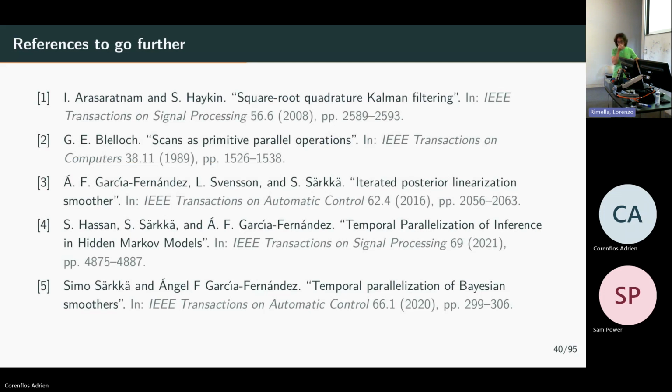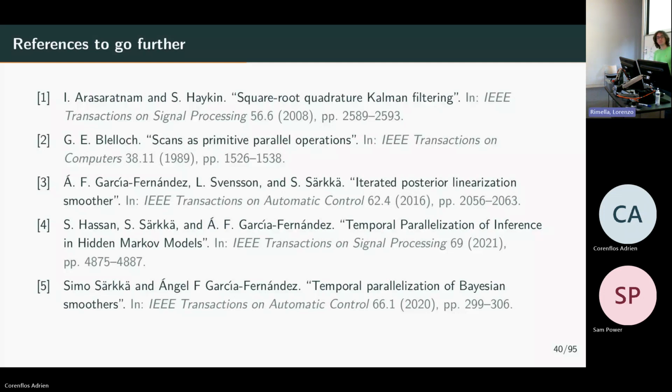The fourth one is about the parallelization of HMMs, so the finite state space case, and it's got some Viterbi, so you can also find the maximum a posteriori of HMMs in logarithmic time. And the last one is essentially where it all started. I've not put my papers in there, but I also have a couple, which relate mostly to the Gaussian approximations and the MCMC.